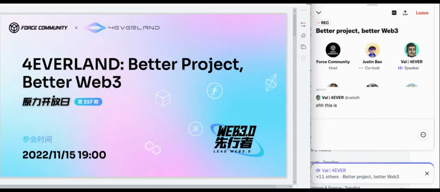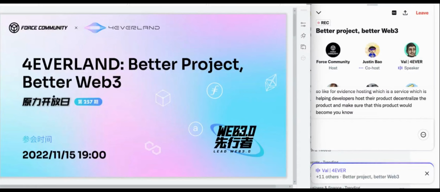The first is 4EVERLAND Hosting, a service which helps developers host and decentralize their products, and make sure the product becomes censorship resistant, immutable, and deployed on IPFS and Arweave.